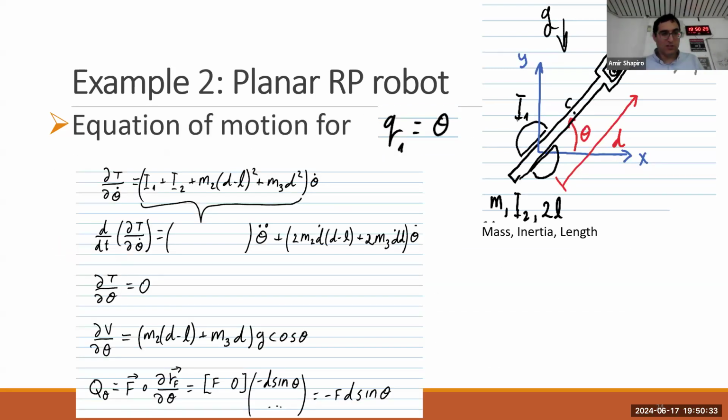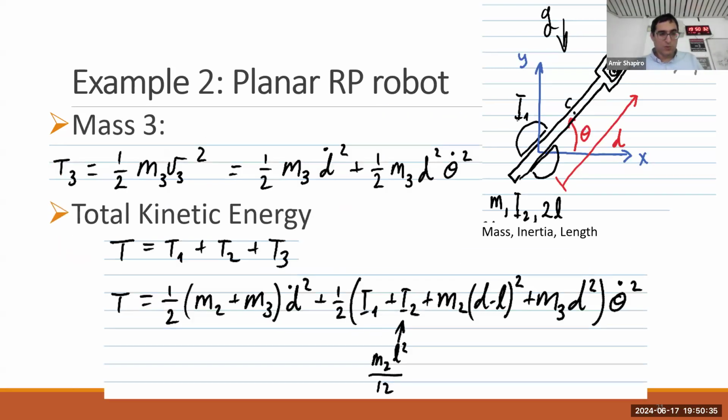If you recall, this was T, and ∂T/∂d is simply, because we have d here, taking the derivative of this.